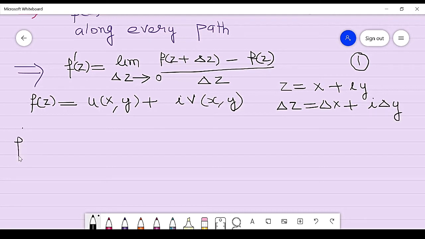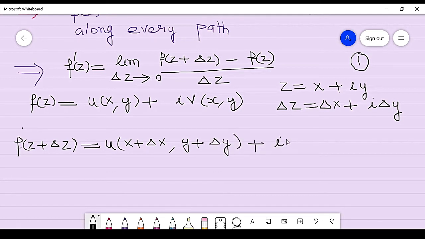So f(z + delta z) will become u(x + delta x, y + delta y) + iv(x + delta x, y + delta y).